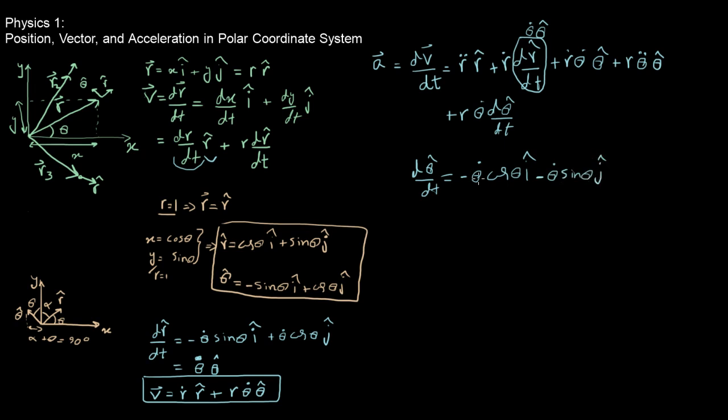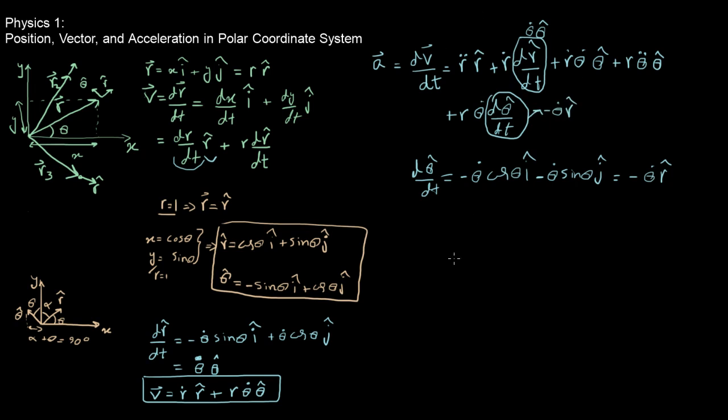Now if I factor out minus theta dot, the remaining is just r hat, cosine theta i hat plus sine theta j hat, so therefore it's equal to minus theta dot r hat. So this thing is equal to minus theta dot r hat.